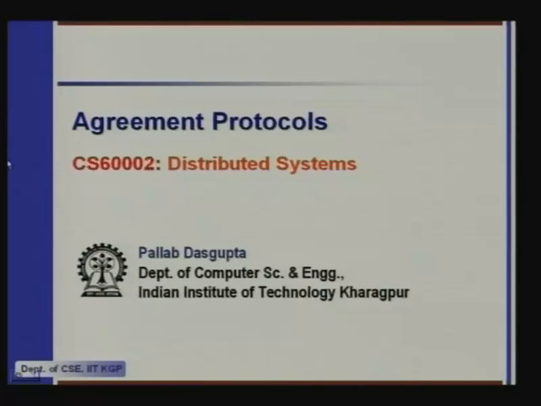So, fault tolerance is a very important concept in distributed systems, and we will start this by looking at a very fundamental problem in fault tolerance, namely the notion of agreement. Agreement in simple terms is like this: I have a set of different processes and they try to agree on the truth of one proposition, or they try to agree on the value of one variable.